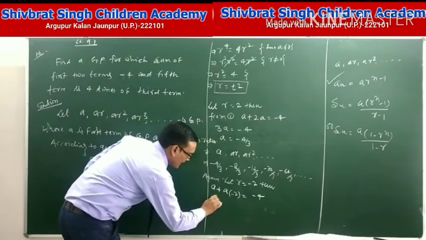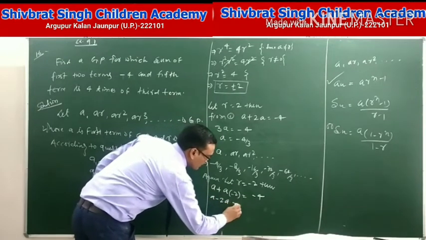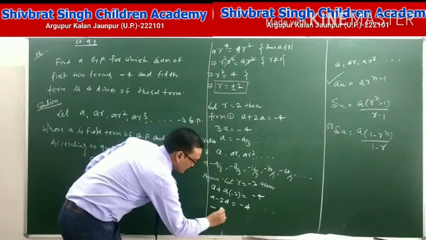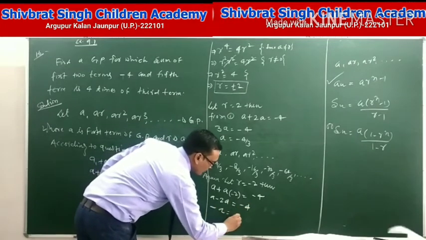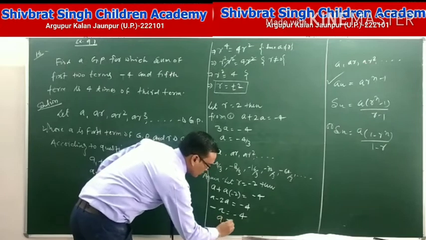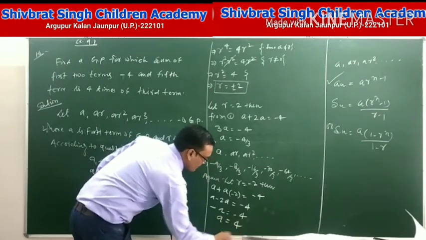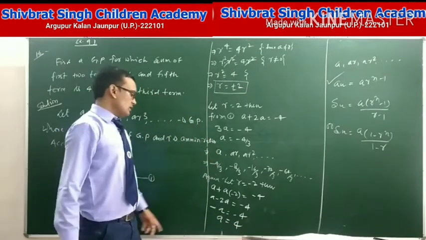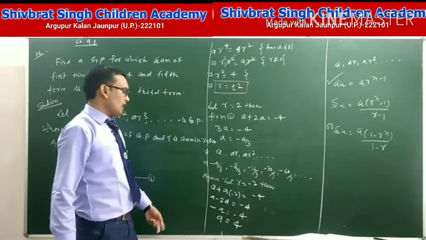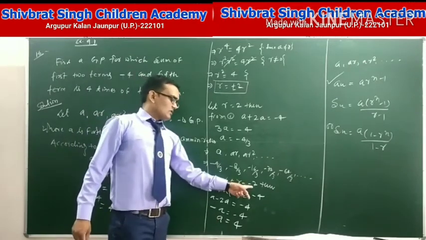That means a minus 2a equal to minus 4, so minus a equal to minus 4, a equal to 4. Here the value of a equal to 4 and the value of r equal to minus 2.